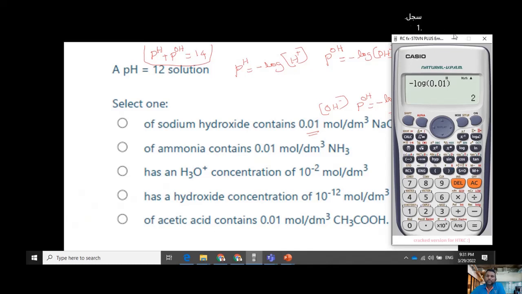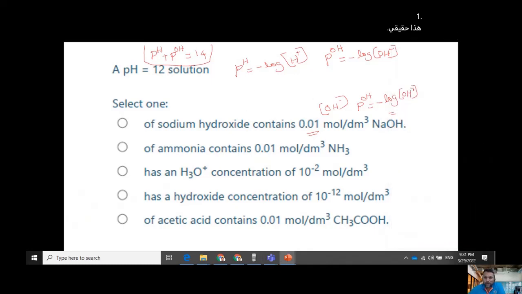That's 2. So if you have pOH is 2, then pH will be 14 minus 2, 12. Okay. So here pH and pOH total 14.